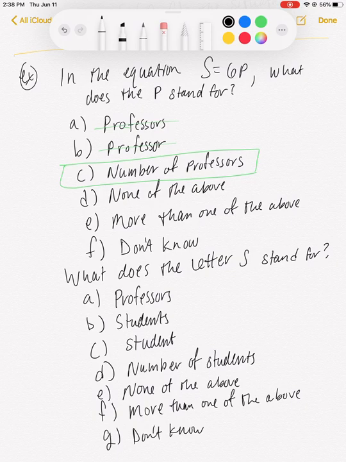Okay, so what does the letter S stand for? S stands for one of these. Let's go ahead and pause the video, and you can think about it and think about why you made your choice, and then resume it again.